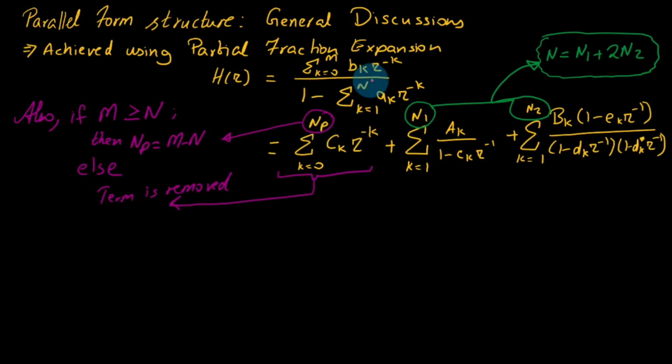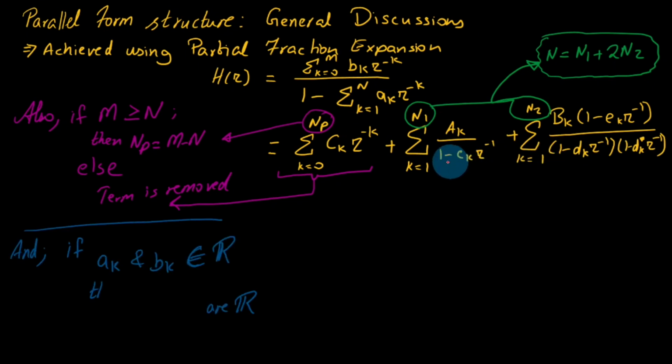That is, if the order of the numerator is less than the order of the denominator, this term would not be there, so you would be left with only this term. Furthermore, if Ak and Bk are real, then after the partial fraction expansion, the coefficients Ck, Ak, Bk, Ek would be real, whereas the conjugate pair poles dk and dk conjugate would be complex.